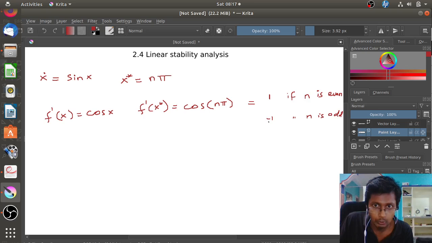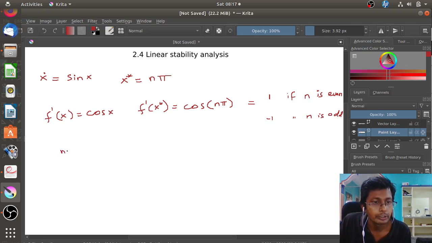If it's -1, then that fixed point is a stable fixed point, and when n is even, f prime of x star is positive, so that fixed point is an unstable fixed point. We could see that in our example as well.